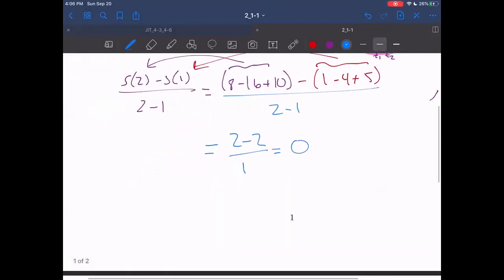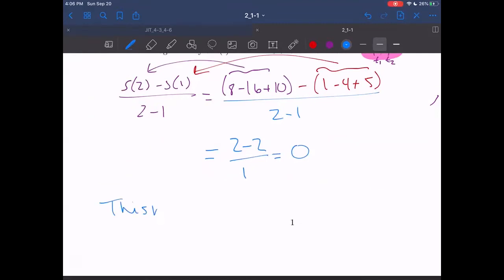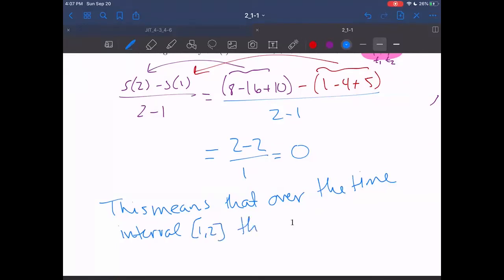So what this means is that over the time interval 1 to 2, the average velocity is 0.